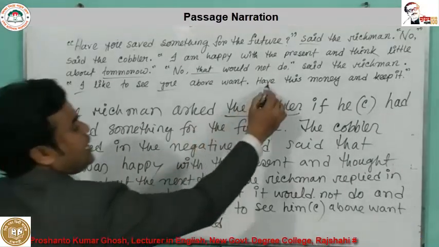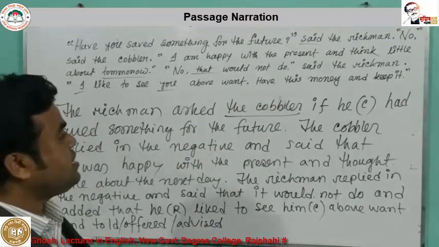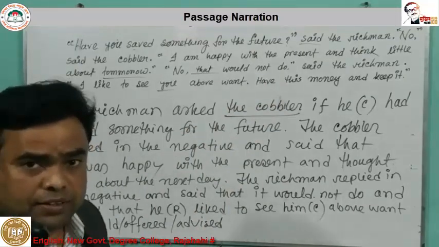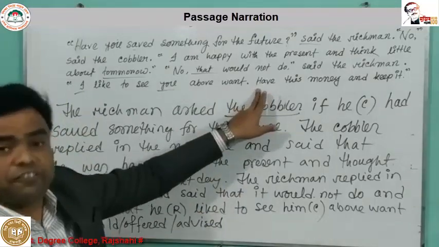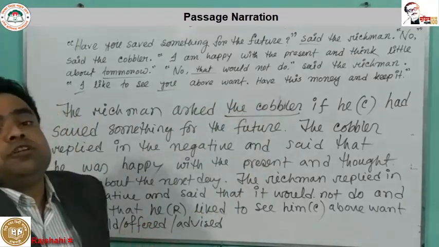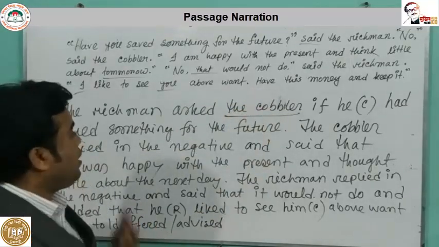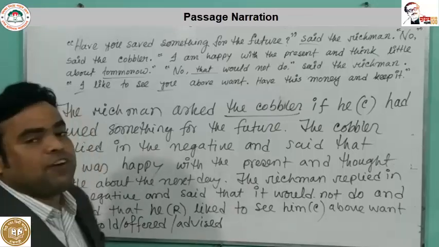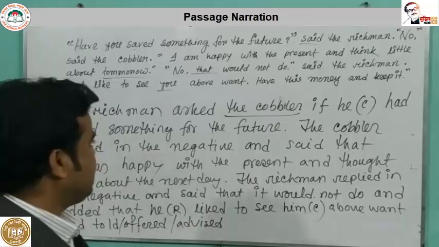Here the wristman is offering some money to the cobbler, and that's why you may use offered, or if you don't use offered, then you may use told, or if you don't use told, then you may use advised. Hope you understand.